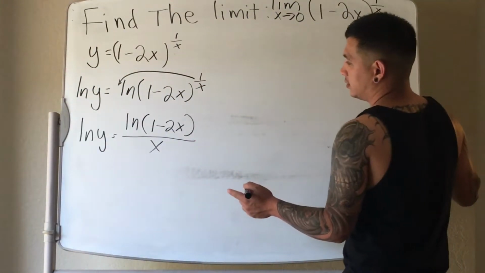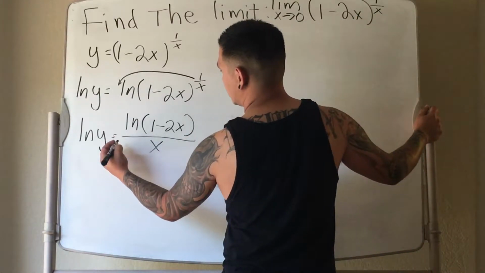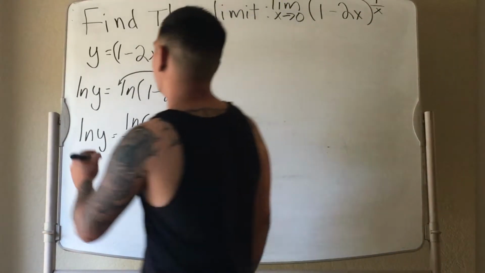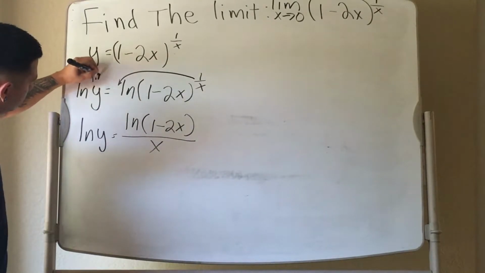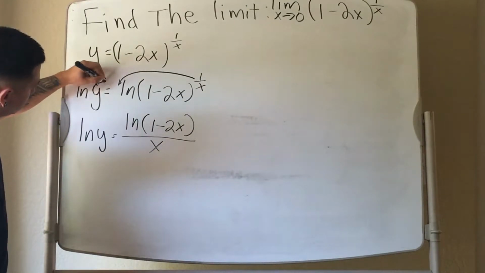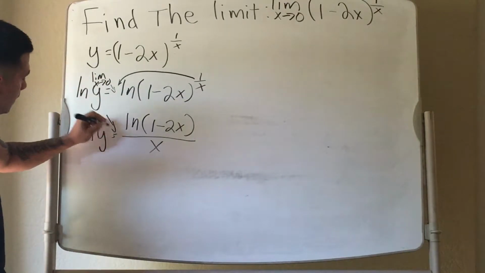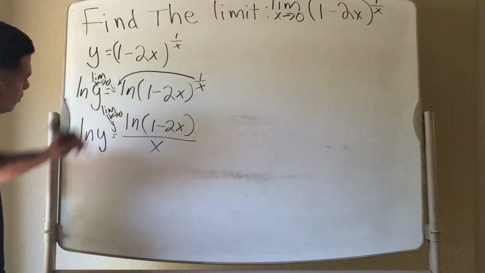We can write the limit right here. Don't ever forget your limit because it's very important to put the limit. Limit as x approaches 0.